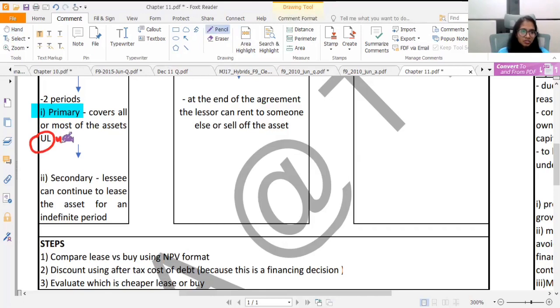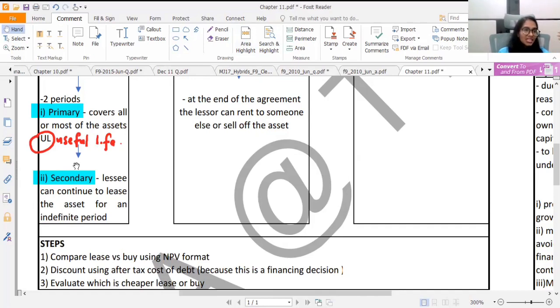So UL is useful life. While the secondary period will cover the lease of an asset continuing for the remaining life of the asset.